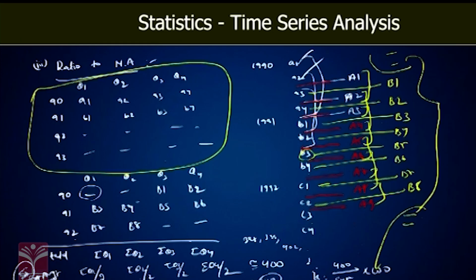We will get the k value. Now multiply this k value with each and every term. Then you will get the adjusted seasonal indices. Adjusted seasonal indices are nothing but summation Q1 by 2 into k, summation Q2 by 2 into k, summation Q3 by 2 into k, summation Q4 by 2 into k.